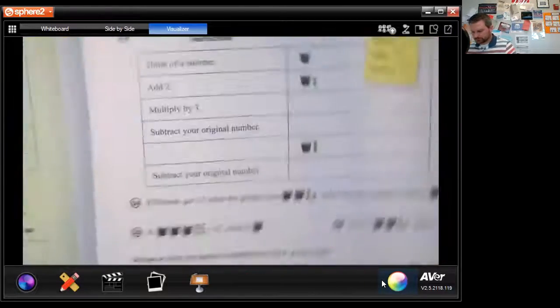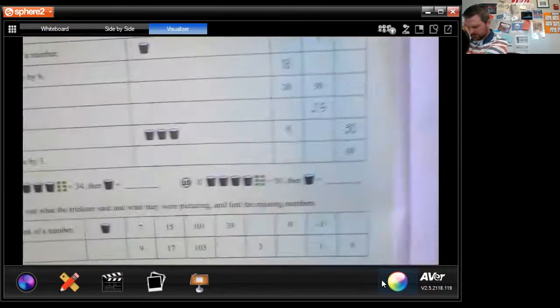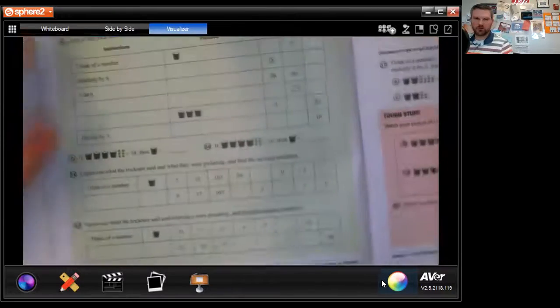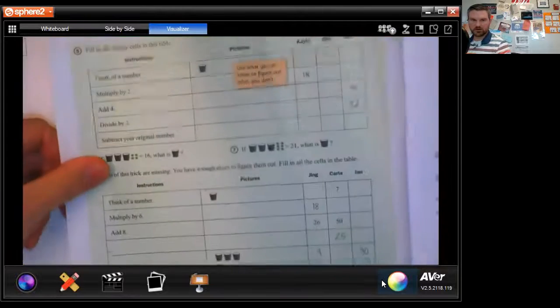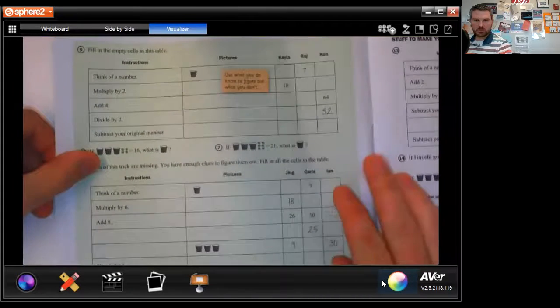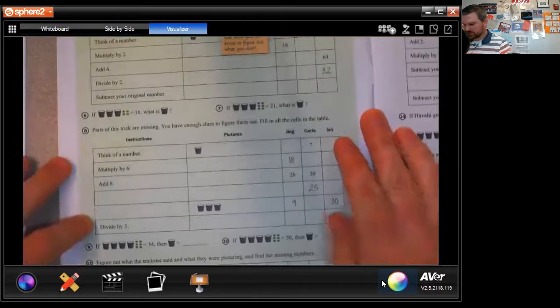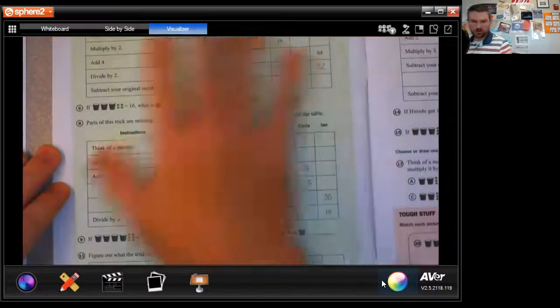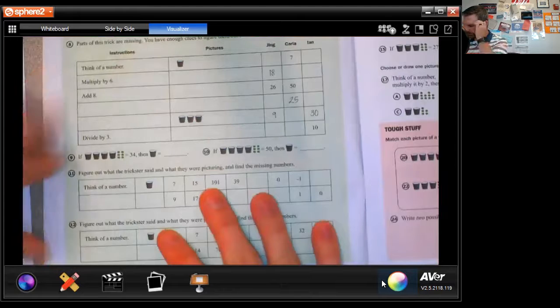So on the next page, you've got problems 5 through 12. Those are different problems, okay? So I'm going to let you work these out on your own.